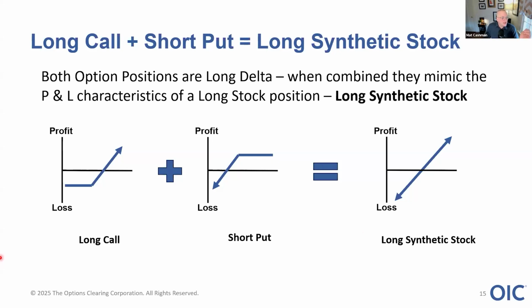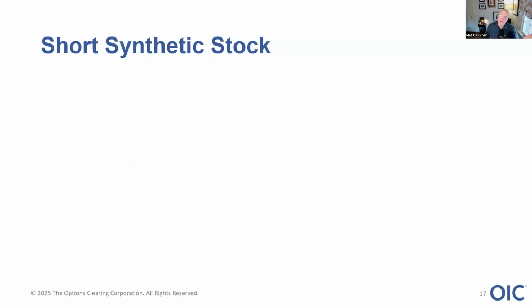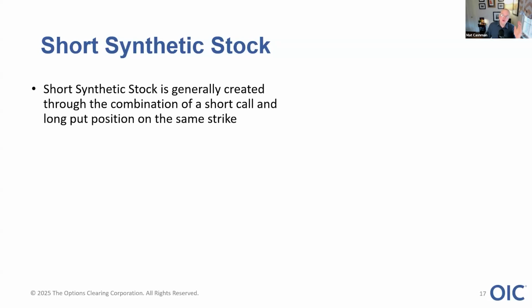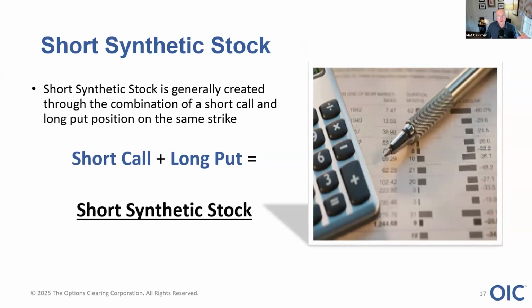Now, conversely, if you're looking for synthetic short stock, you have to do, guess what? The exact opposite. Short synthetic stock is created through short calls and long puts, but again, on the same strike. We're talking about adding short calls and long puts on the same strike to get short synthetic stock.